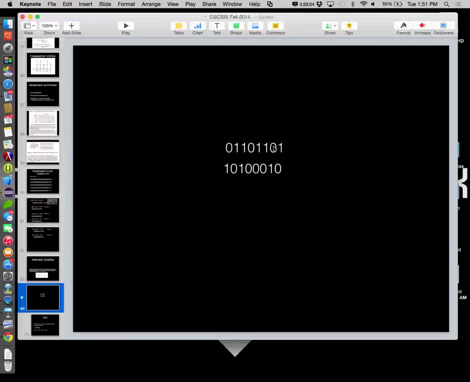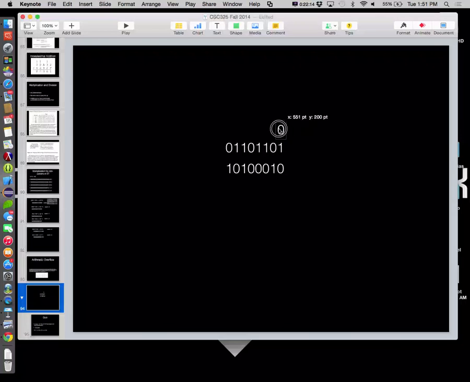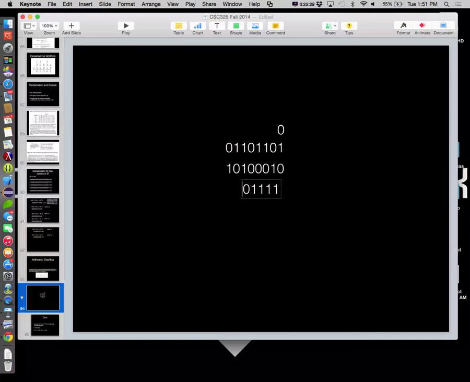So let's add these together. This is my carry bit. Start off at 0. 1 plus 0 is 1. 1 plus 0 is 1. 1 plus 0 is 1. 1 plus 0 is 1. 0 plus 0 is 0. 1 plus 1 is 0.